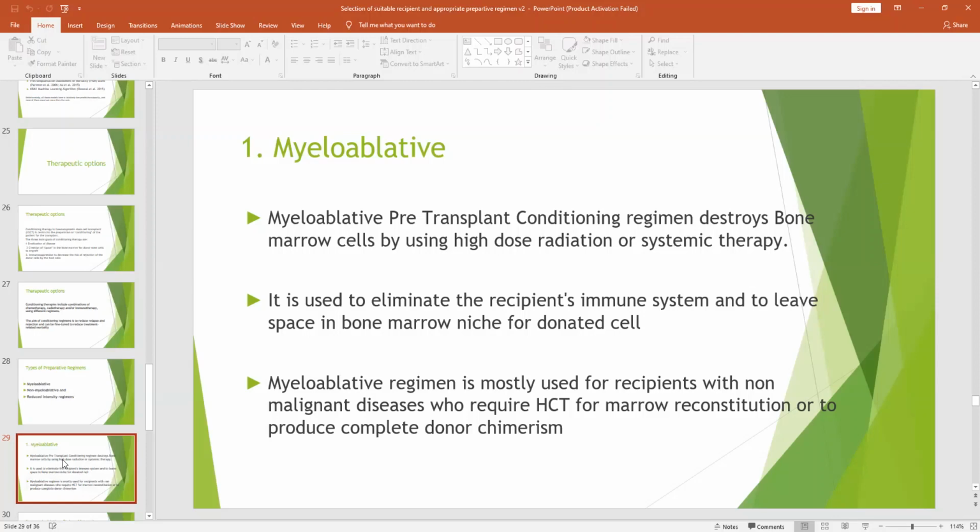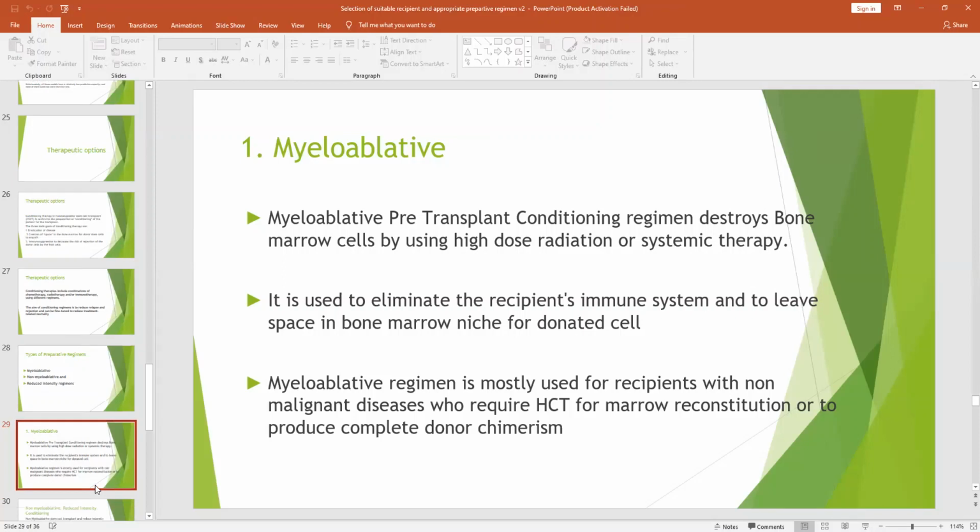Number two, it is used to eliminate the recipient immune system to leave space in the bone marrow for donated cells. Myeloablative regimen is mostly used for recipients with non-malignant diseases who require hematopoietic stem cell transplantation for marrow reconstitution or to produce complete donor chimerism.